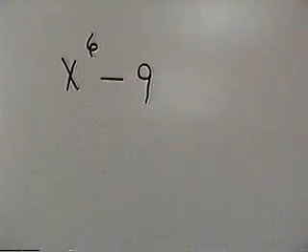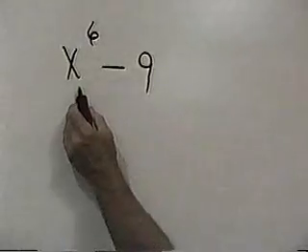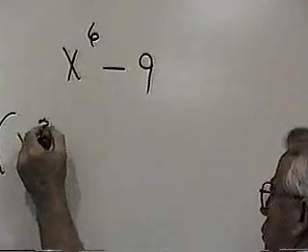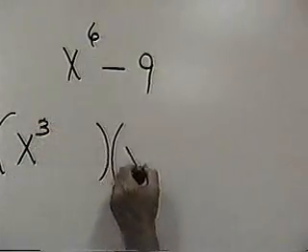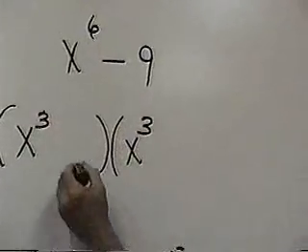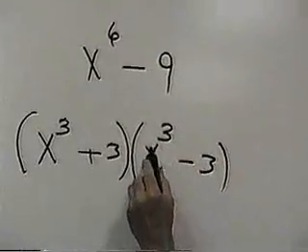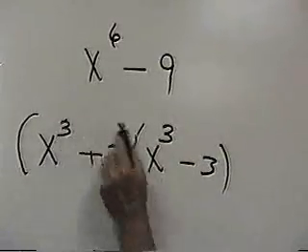Looking at number 5, we have a perfect square. Yeah, that's a perfect square. What that is, is x cubed times x cubed, plus 3 and minus 3. Remembering now, x times x, you add exponents.